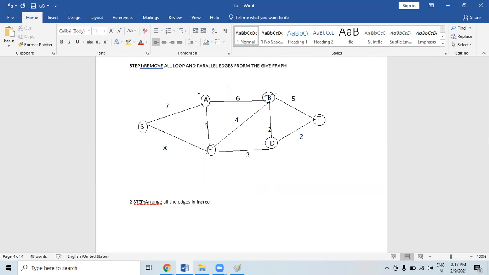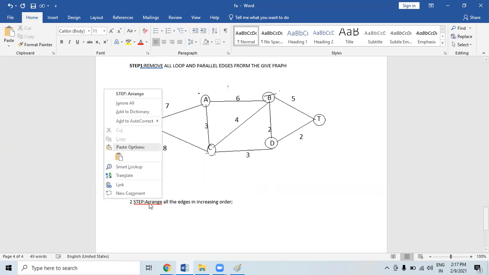We have to arrange all the edges in increasing order. Okay, so we have to arrange all the edges in increasing order.